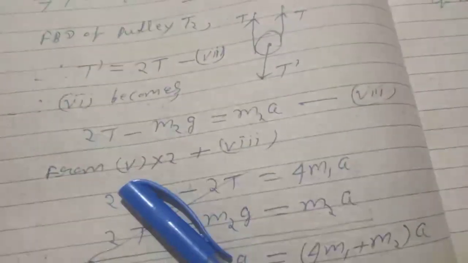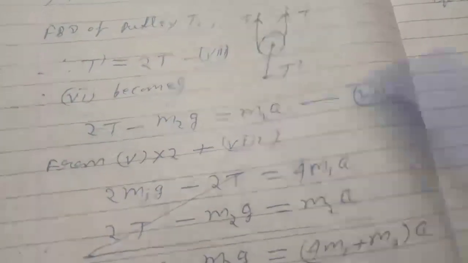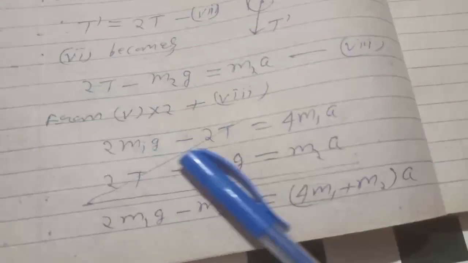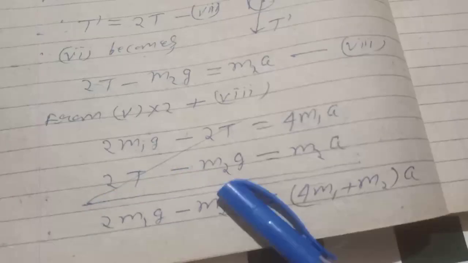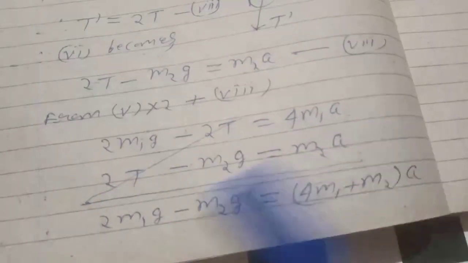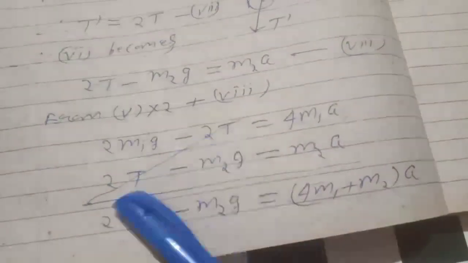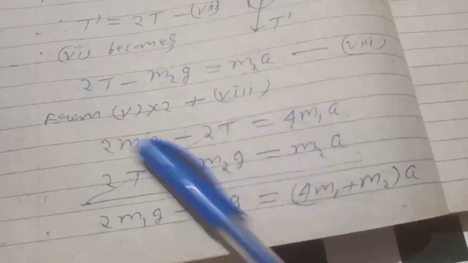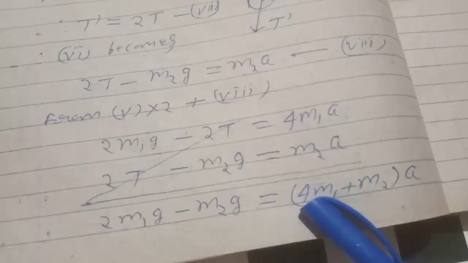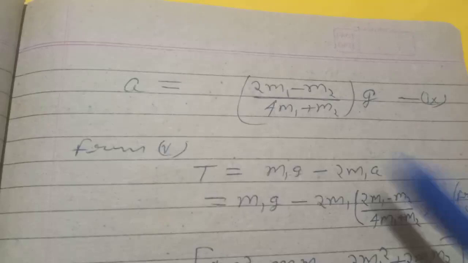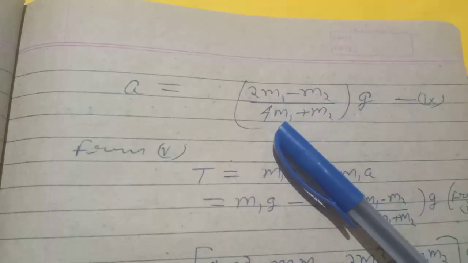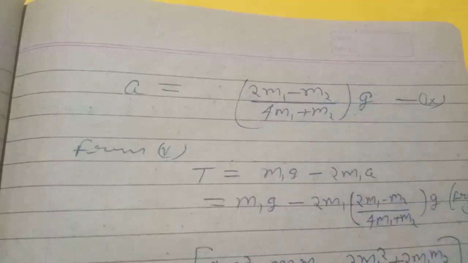Now from equation 5 into 2 plus 8, we get 2m1g minus 2T equals 4m1 into a, and 2T minus m2 into g equals m2 into a. Solving this, 2T will cancel, so we have 2m1g minus m2g equal to 4m1 plus m2 into a, and this will give a equals (2m1 minus m2) divided by (4m1 plus m2) into g.